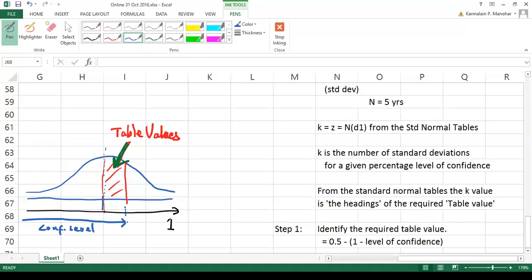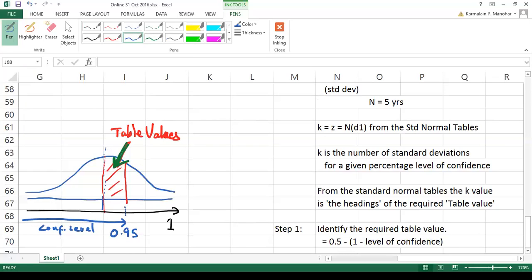If you refer to your question, we were given 2 confidence levels. Could somebody tell me the first one? Yes, thank you very much. So instead of going all the way to 1, the first confidence level is 95%, or in other words, 0.95.